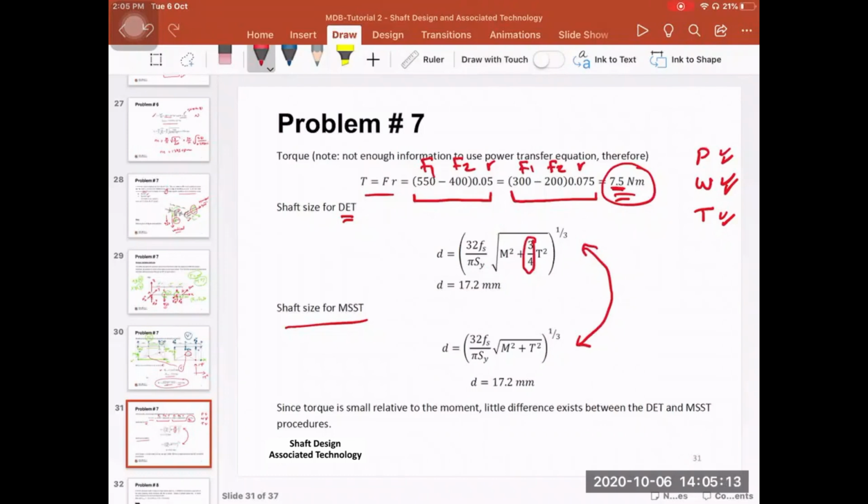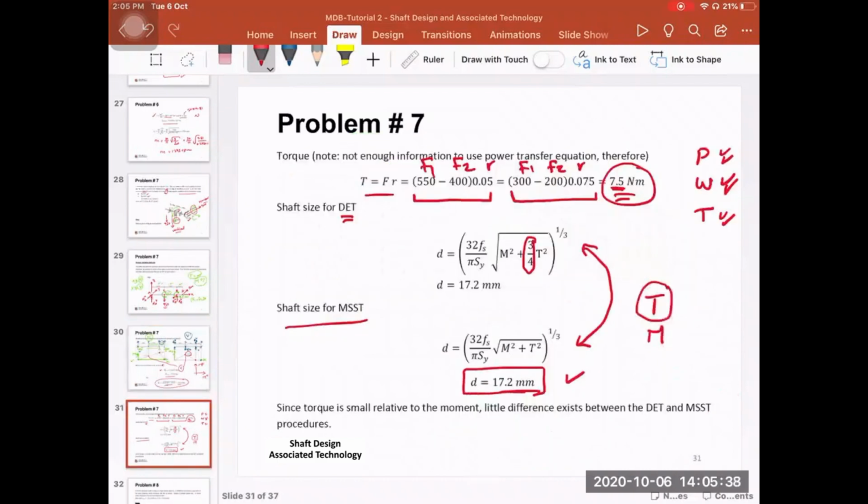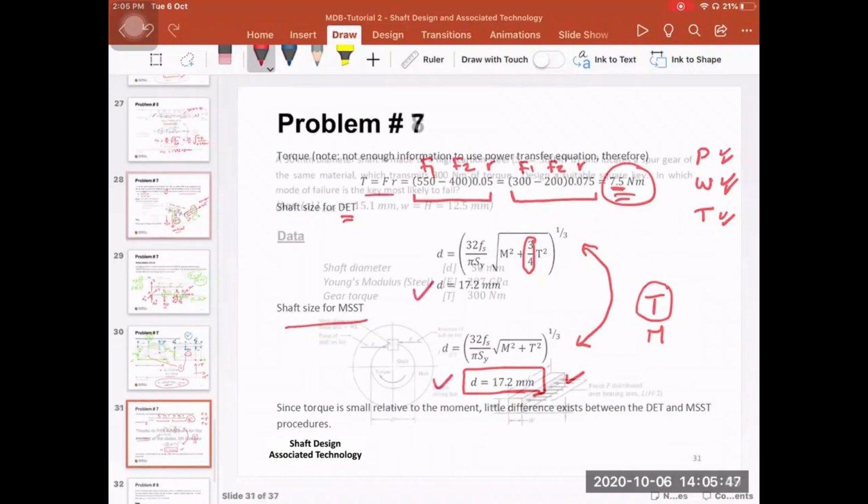But if you calculate the diameter based on the maximum shear stress theory, again you will have the same diameter. Why? Simply because if you compare the value of the torque to the value of the moment, you will find that the value of the torque is quite small. It's 7.5 compared to 124.5. So the equation is not affected too much by the value of the torque. That's why they both lead to the same diameter.